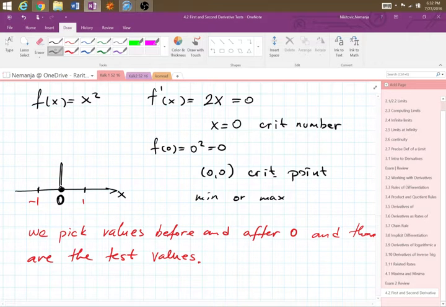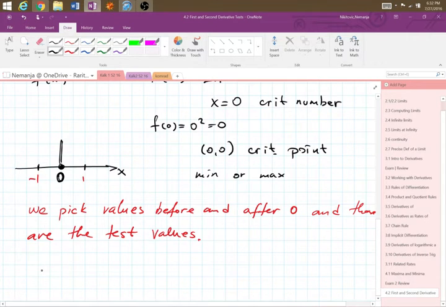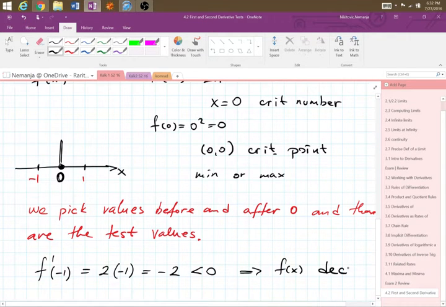So what do we have? We are going to test f prime computed at -1. Well, f prime is 2x. Computed at -1 is just -1 for x. Becomes -2, less than 0. So the function is decreasing.